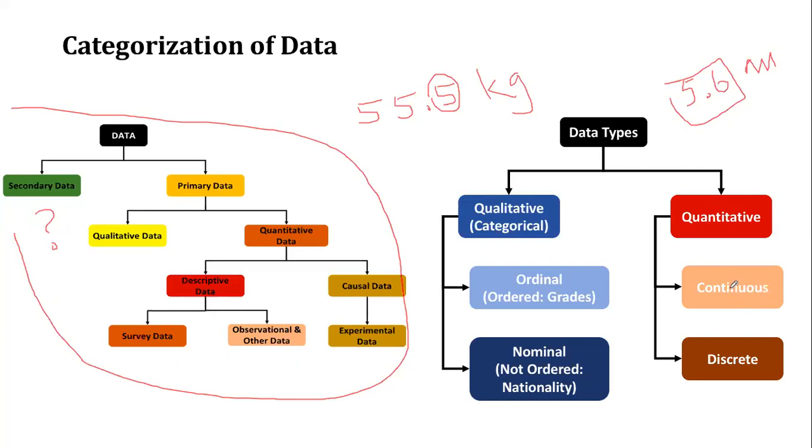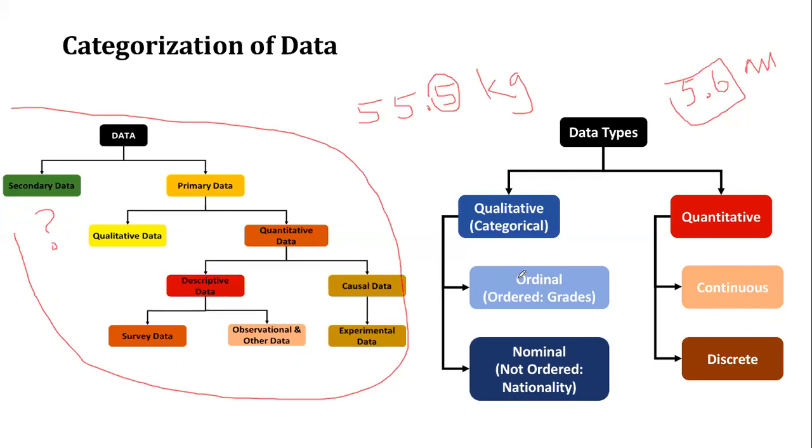One is continuous, the other one is discrete. Under qualitative, you have ordinal and nominal. Qualitative data is not numerical, right? So you try to explain certain things using qualitative data.